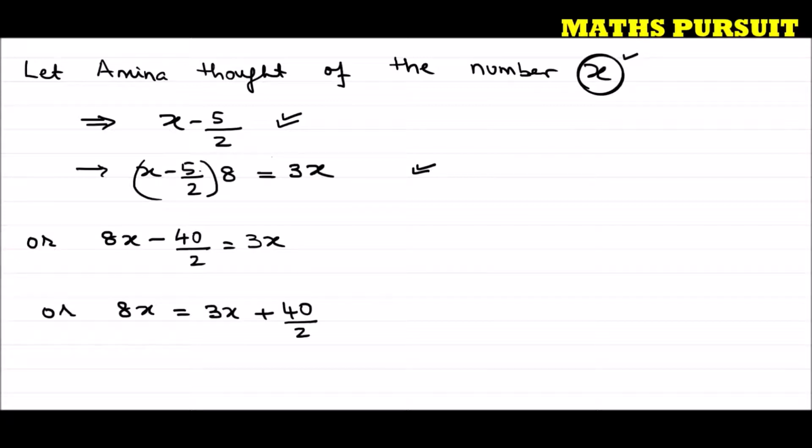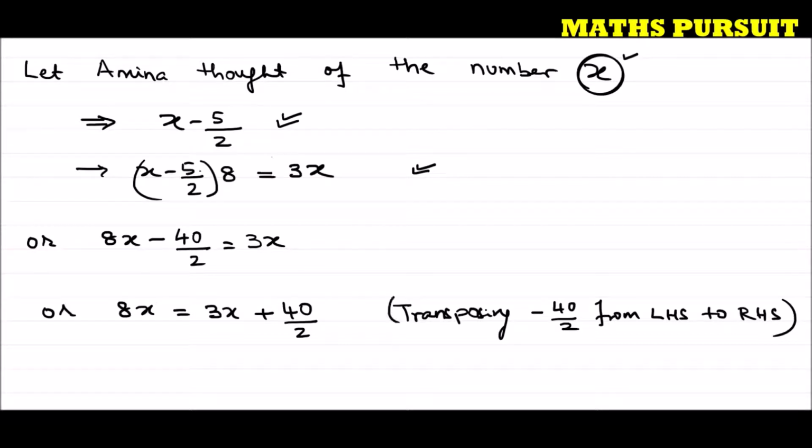What am I doing here? Transposing. Guys, I am transposing, or moving, minus 40 divided by 2 from the left hand side of the equation to the right hand side of the equation. Why am I moving it?